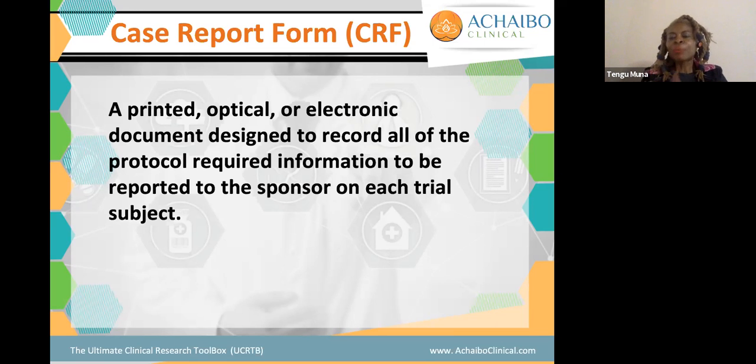Now, if something happens, then we have to go back to the beginning. The source data is the beginning of everything. And so when a clinical trial is being run, I say it's a dance between ensuring that the initial point of collection of the data is actually collected accurately per the protocol, and that whatever is transcribed on the case report forms is accurate as well.